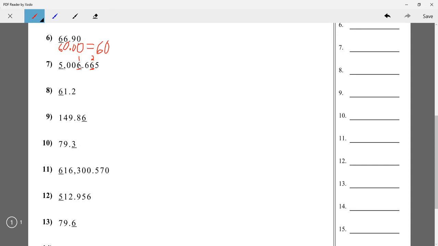So since I'm going 2 to the left, this 6 is actually worth 100 times this 6, okay? Since I'm hopping 2 to the left, it would equal 100 times, right? Because if I'm hopping only 1 to the left, it would be 10 times the amount.